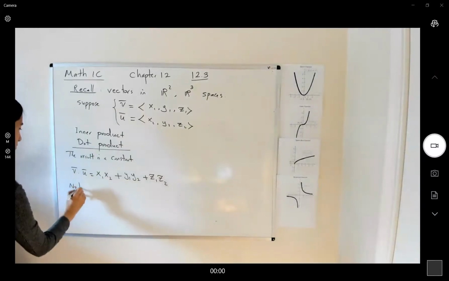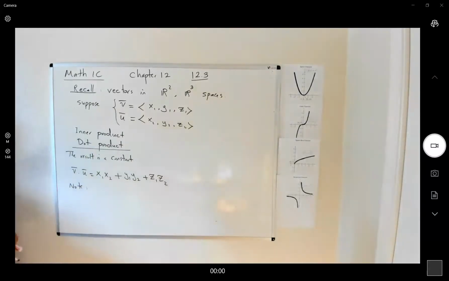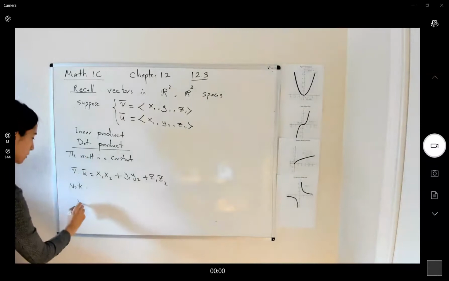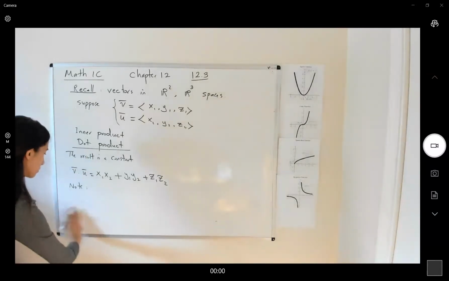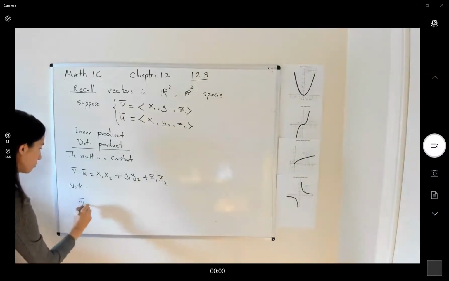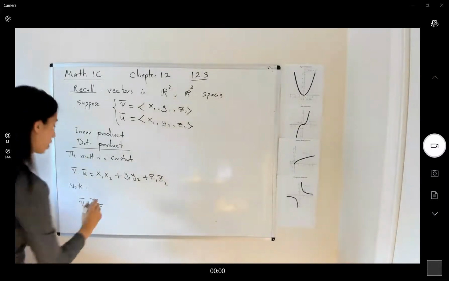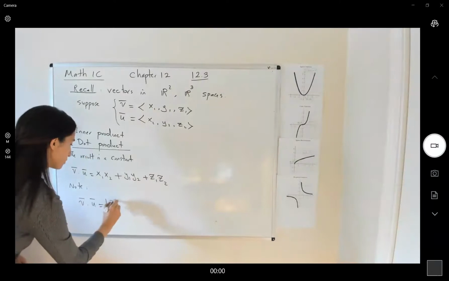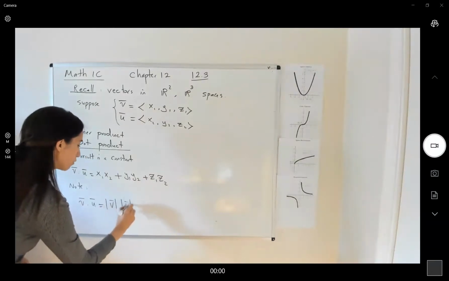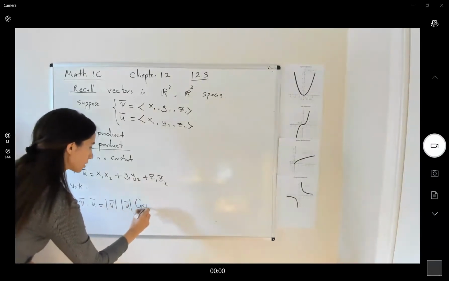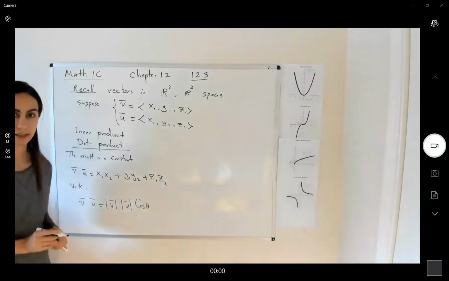Note that you can also define the dot product this way. The dot product between V and U can be defined as the magnitude of V times the magnitude of U times cosine theta. What is theta?